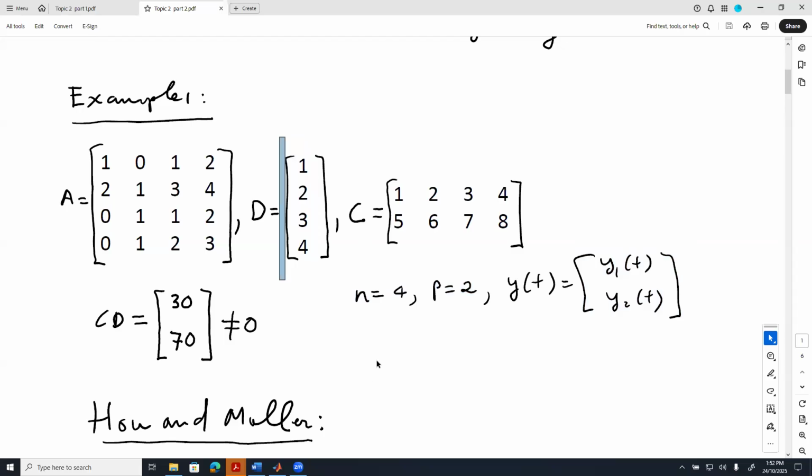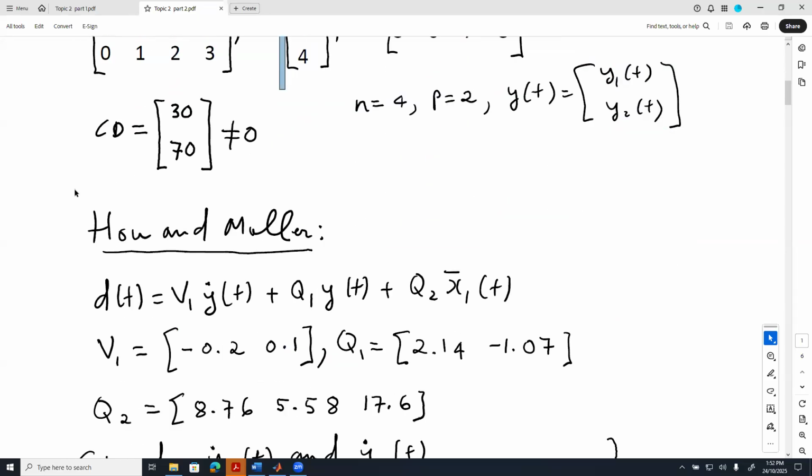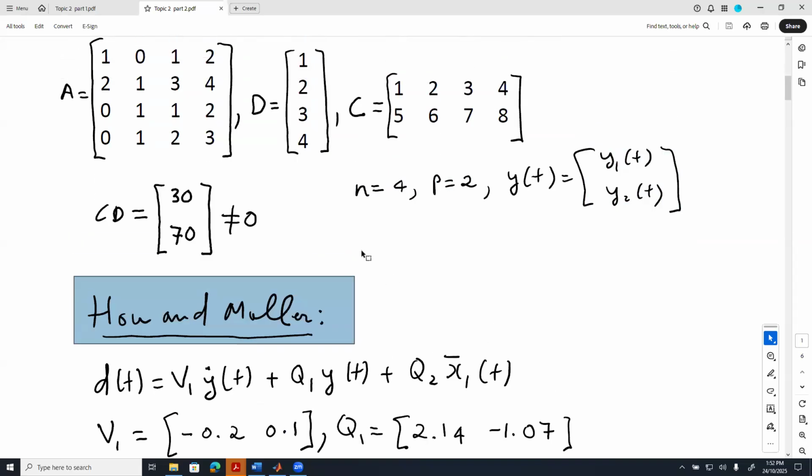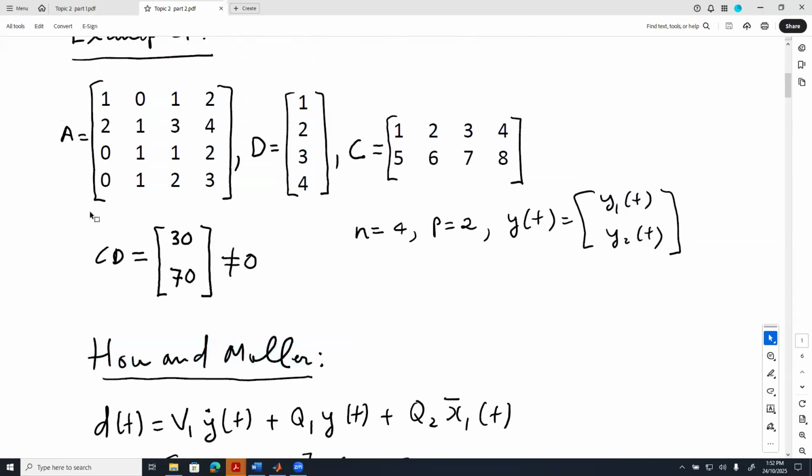All right, so let's say that we want to do the decomposition, and let's do it by using the Hou and Muller decomposition method. According to the Hou and Muller method, we require the observer matching condition to be satisfied, and it is. So this column is non-zero.